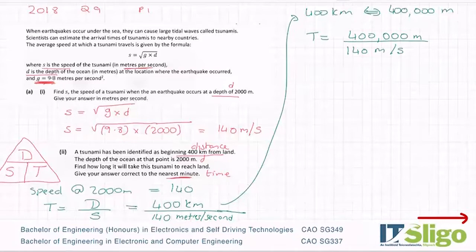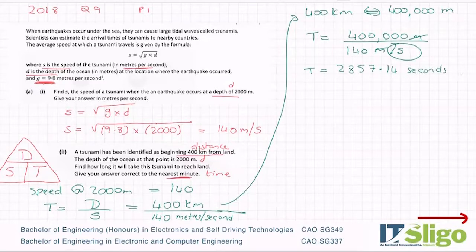And that's better. My time will be in seconds. That's perfectly fine. And you can see meters and meters more or less cancel. So on my calculator, I'm doing 400,000 over 140. And I am getting time being equal to 2857.14 seconds.